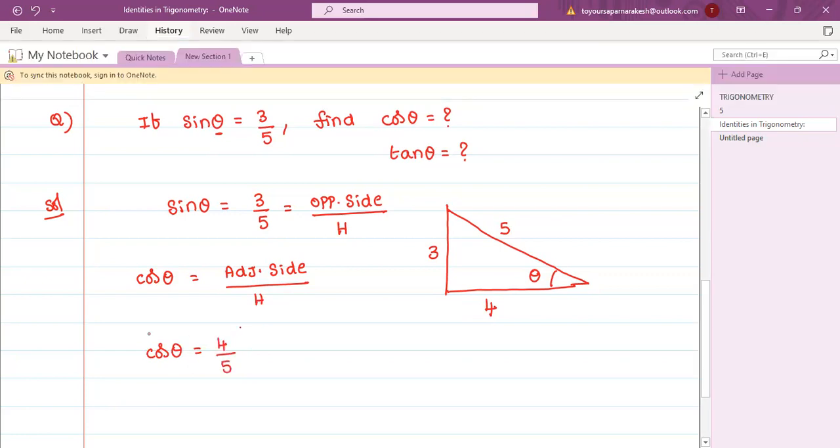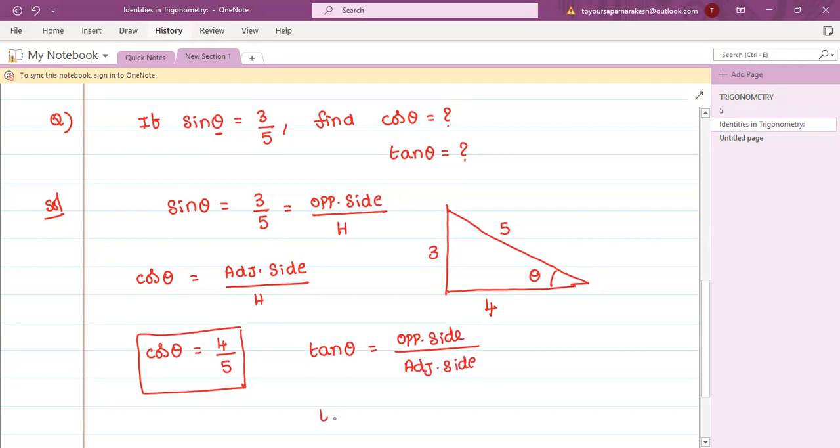This is the first question, finding cos theta. Next, the second question, tan theta. What is the equation of tan theta? Tan theta means length of the opposite side upon length of the adjacent side.